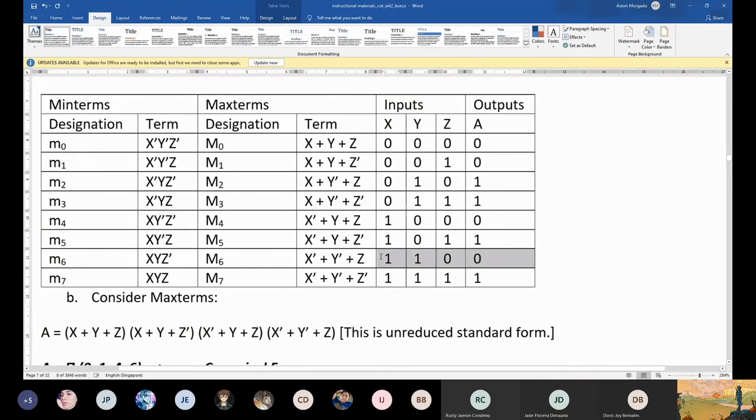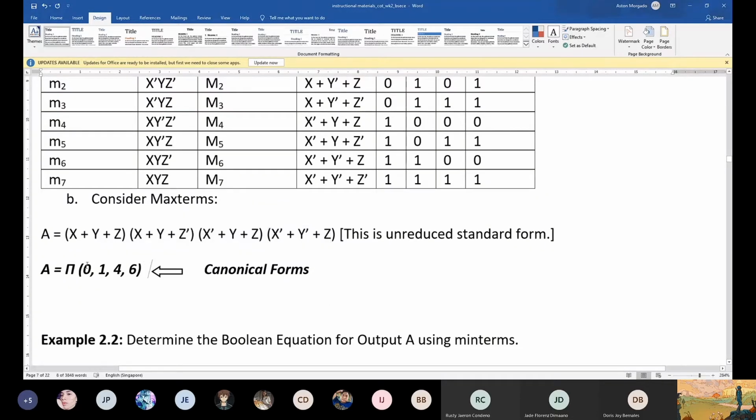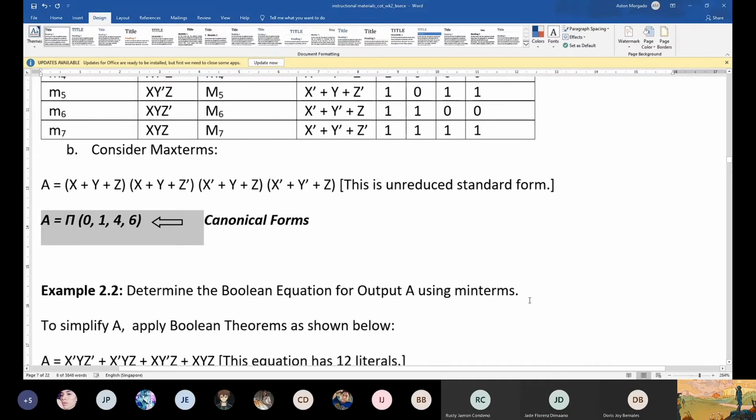And then last 0, we have 1, 1, 0. So x plus y prime plus z. So this is the standard form and reduced standard form, whereas this is the canonical form, pi of 0, 1, 4, 6.